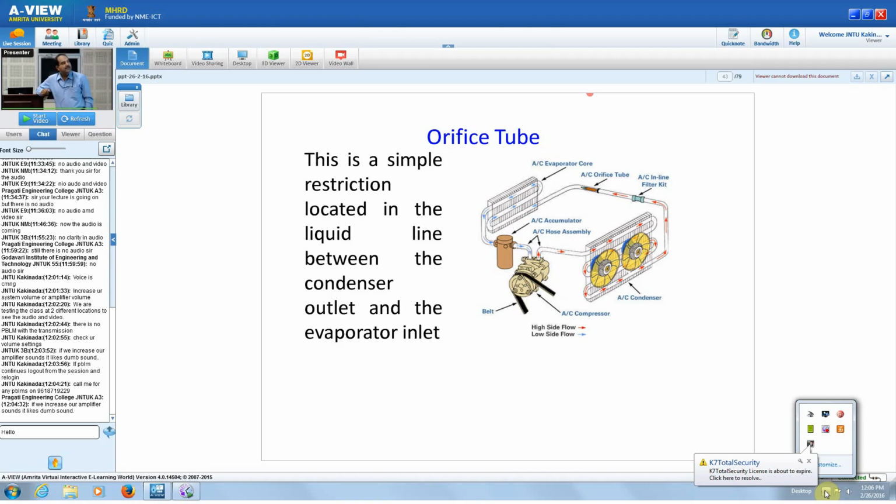Then this is the orifice tube. After that, the line will be blue color. See, the arrow is blue because the temperature and the pressure reduce. And this is called an evaporator. And then it enters the accumulator, I will show what the accumulator is. After the accumulator, it will enter the compressor. This is the total system of air conditioning.